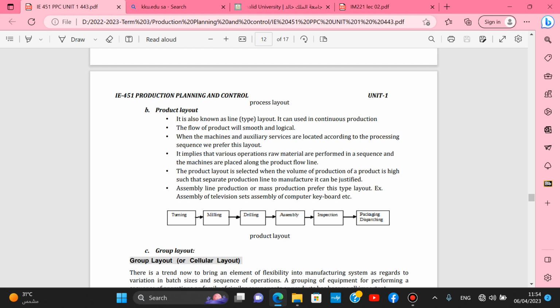Should that separate production line to manufacture it can be justified. Assembly line production or mass production prefer this type layout. نستعملوه في assembly line production اللي هو عادة في الماس ولا flow production اللي هو الماس production exactly هكا or mass production.